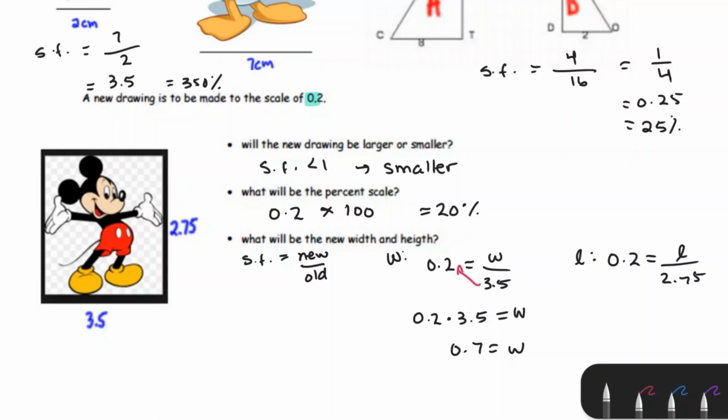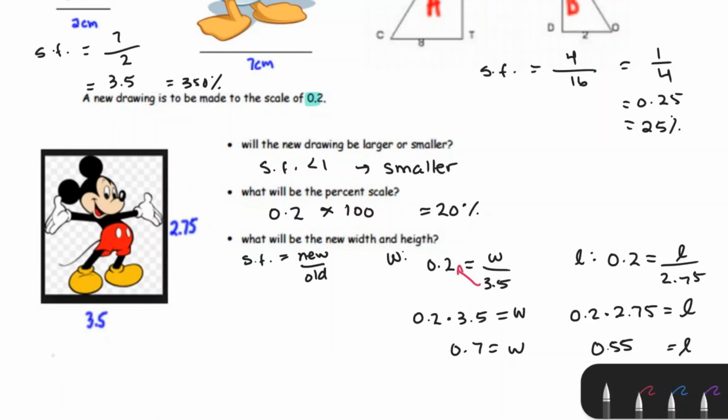Same idea, to solve for that variable on top, I'm going to multiply 0.2 times 2.75. And when I do that calculation, I get 0.55. Right, we didn't have units here, but we'd include them if we did. And so that's my new width and height.